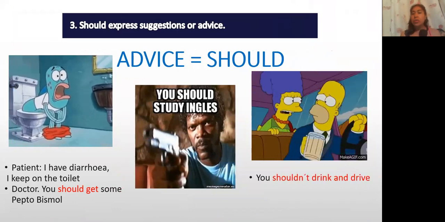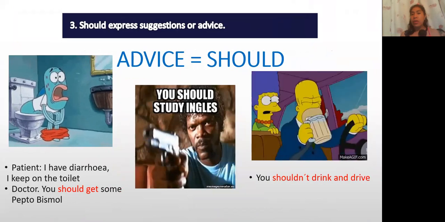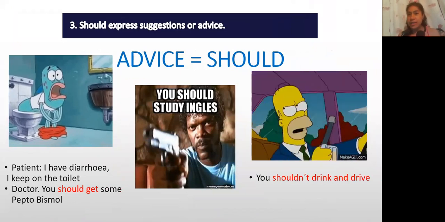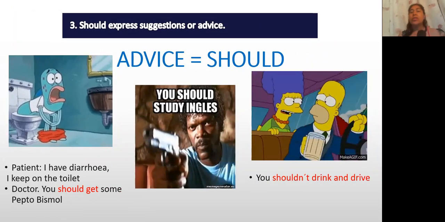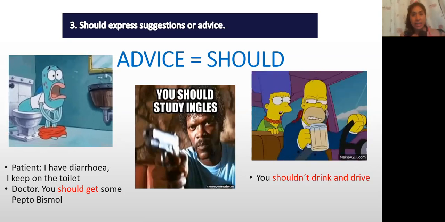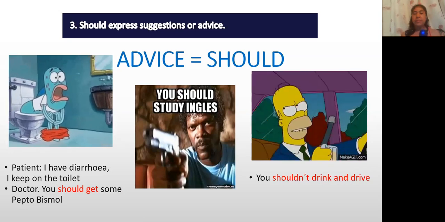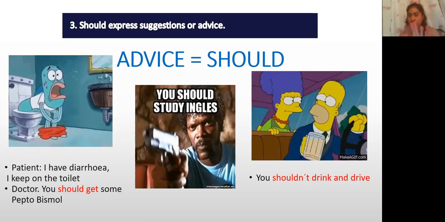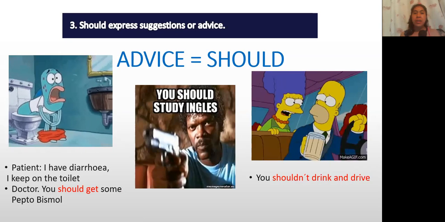Or you shouldn't drink and drive. Or the exam is near, you should study English. They are advices or suggestions. Yes, we have three, remember.